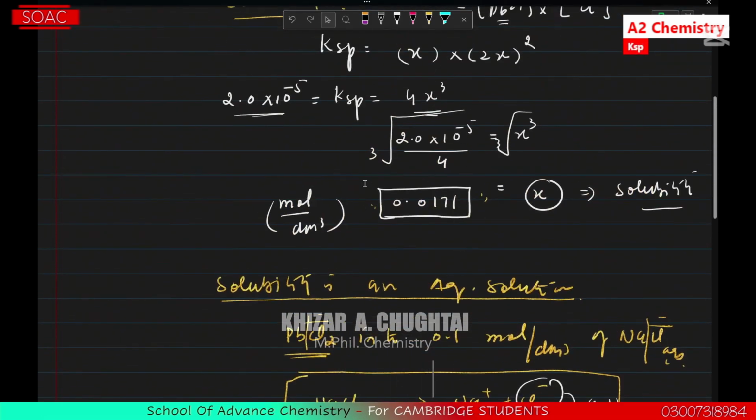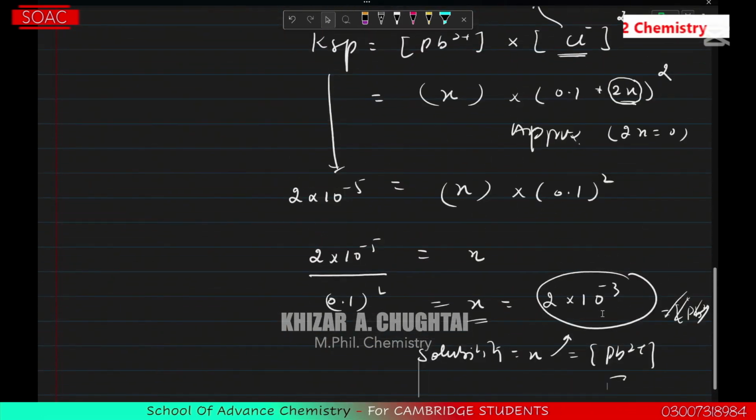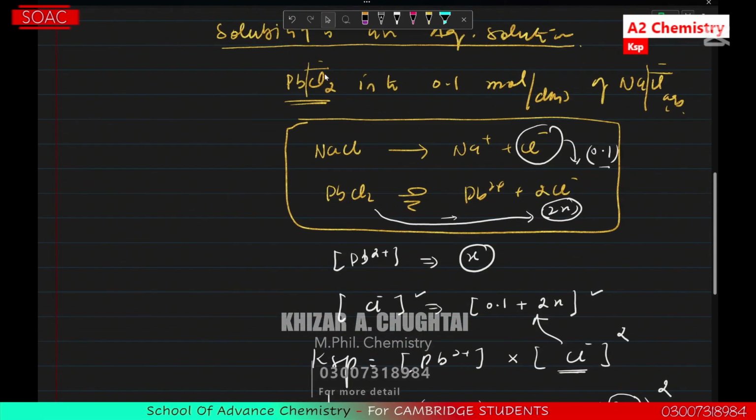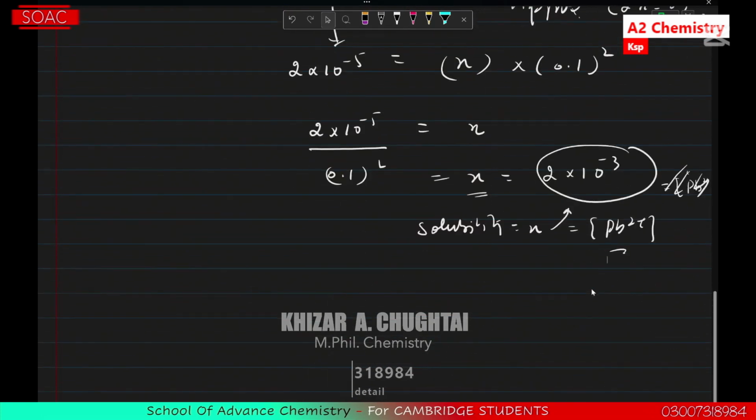Initially in water, PbCl2 solubility is 0.0171 mole per dm cube. But in case of NaCl solution already present in the water, if I dissolve PbCl2 into that at room temperature, the solubility will be 2 into 10 to the power minus 3. So that is the method to find the solubility of any less soluble compound in two different scenarios.